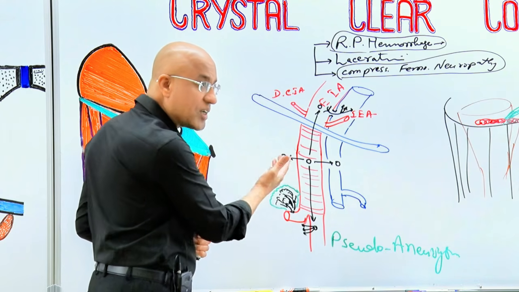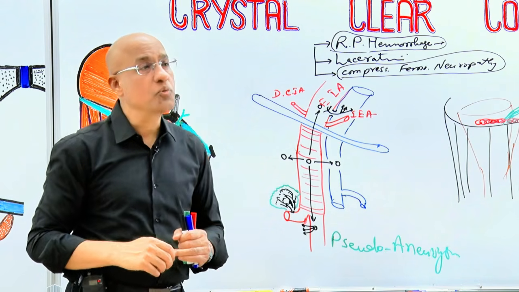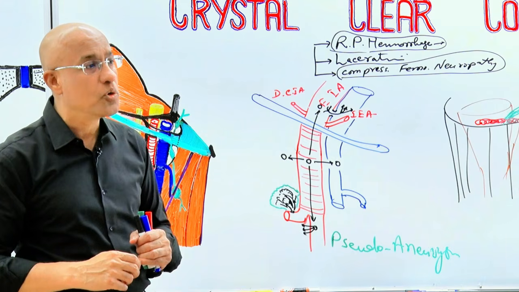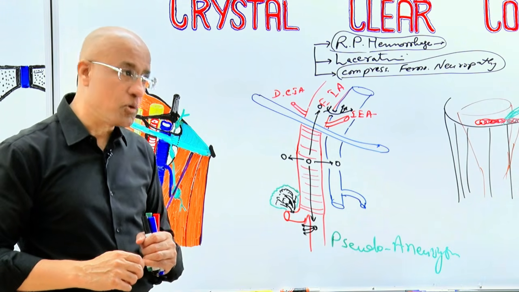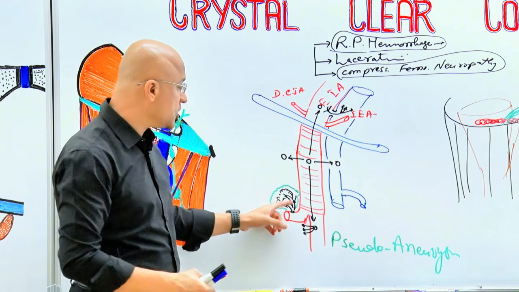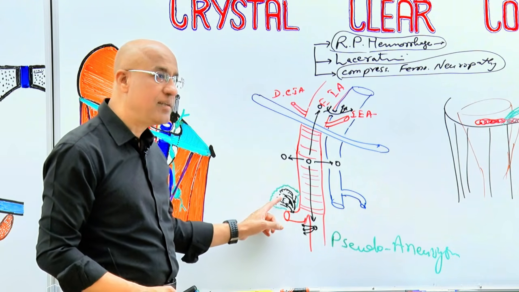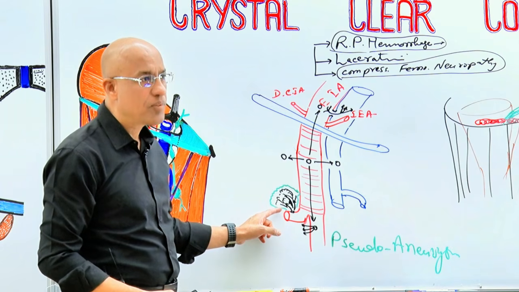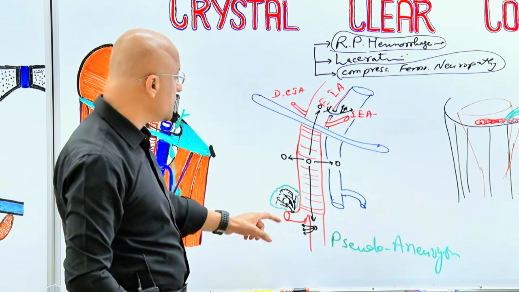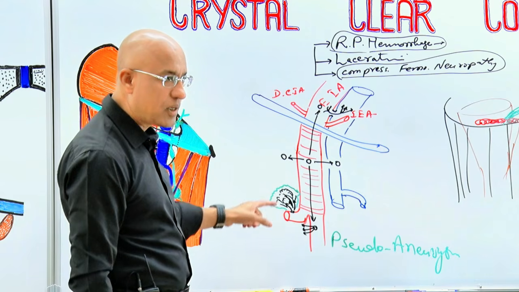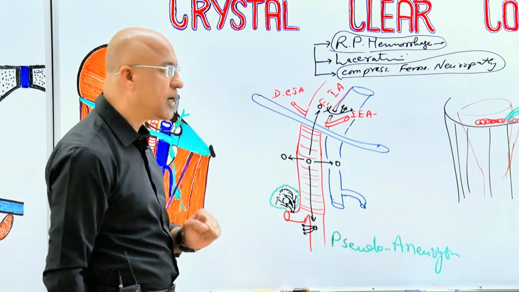So a pseudoaneurysm might be an enclosed pulsatile hematoma which on one end communicates with the arterial lumen, and at the other end makes a blood mass in the soft tissue. So pseudoaneurysm is one more complication if you puncture too low, right?